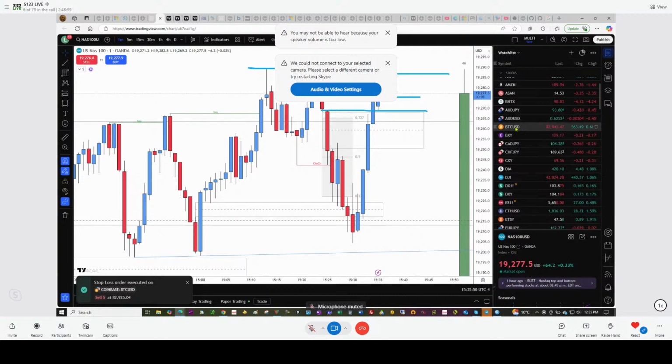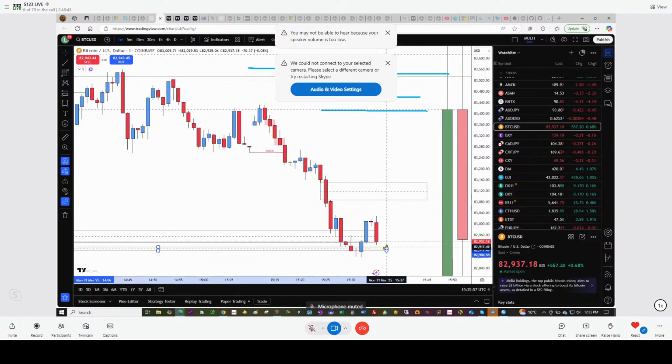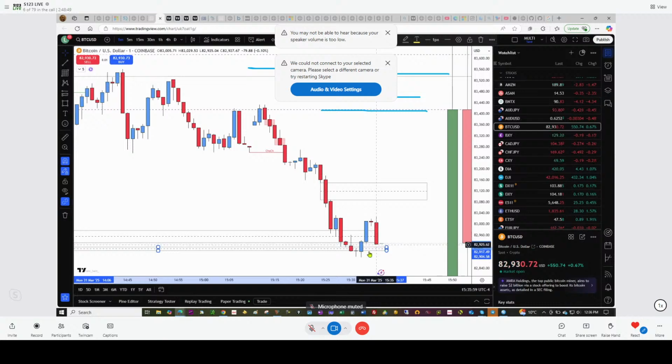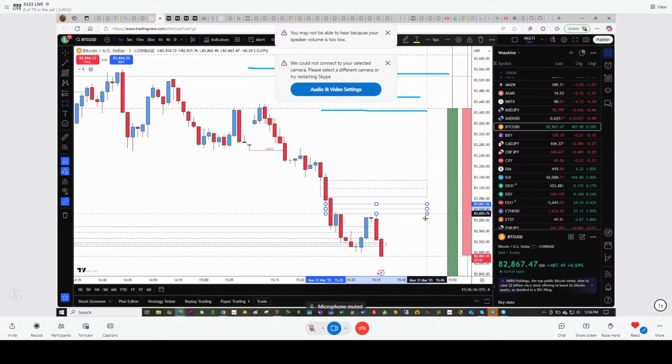On the Bitcoin, looking for them to push up into the gap and they come back down and take me out in positive, but not going up very high. So there are two gaps there, and they just came back into the first one. And I was looking for them to go back into the second one, and they're not doing that. So quite interesting turn of events, as it were, here.